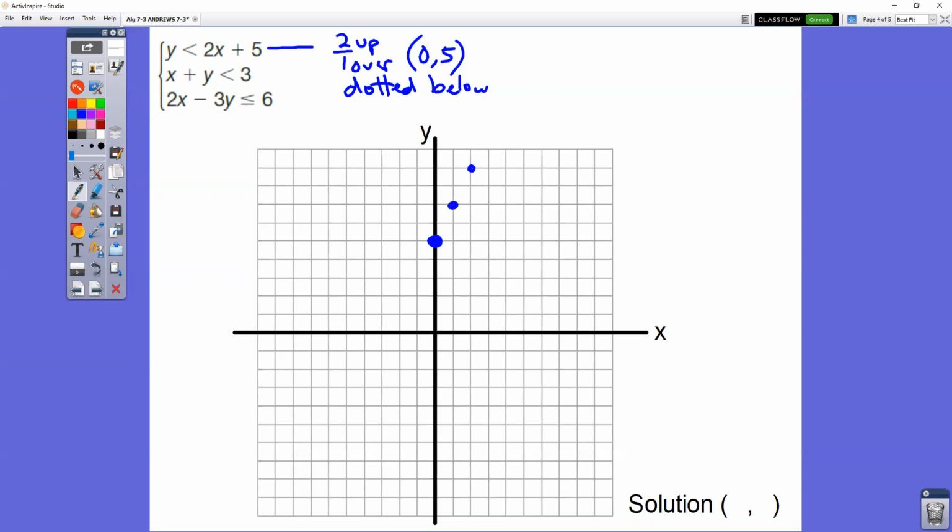Because these graphs are very big, I want an accurate line, so I'm going to continue the pattern and draw some dots going backwards: over 1, down 2, over 1, down 2. I'm going to use a dotted line to connect the dots, and I am going to shade below that line.